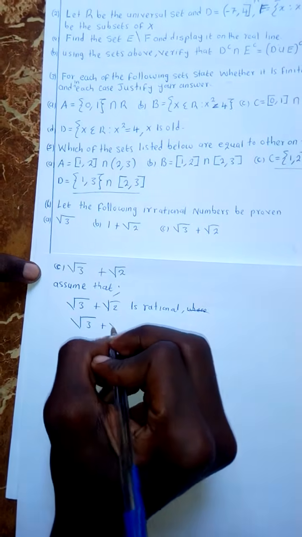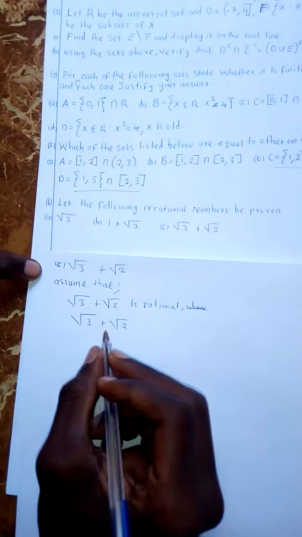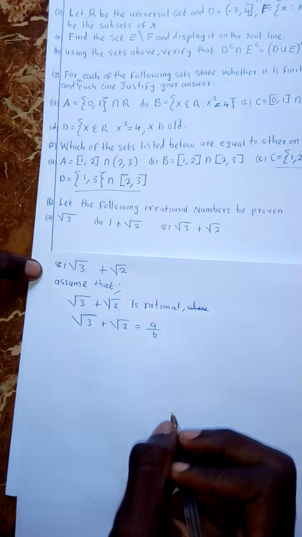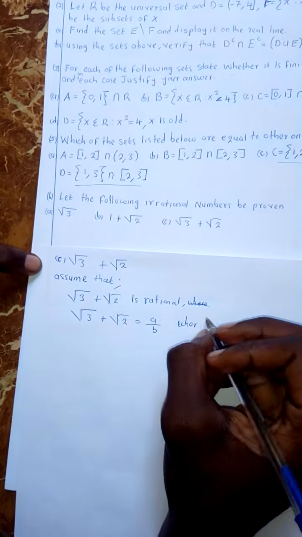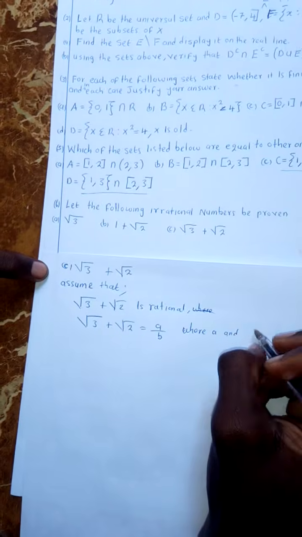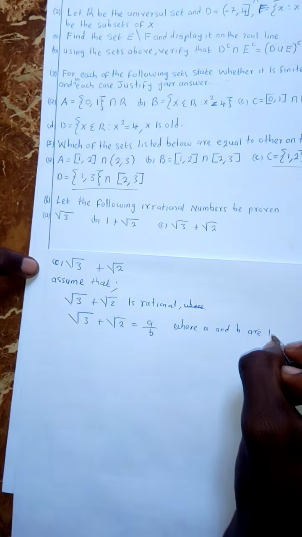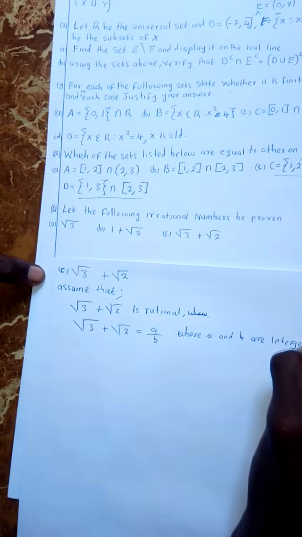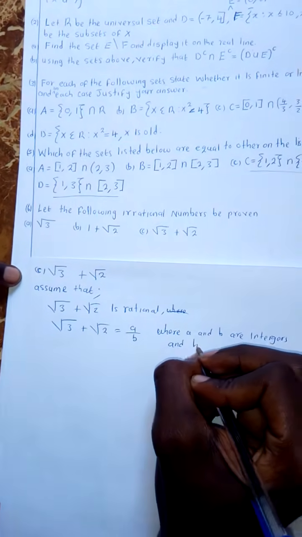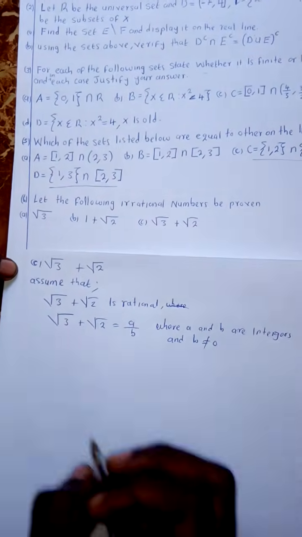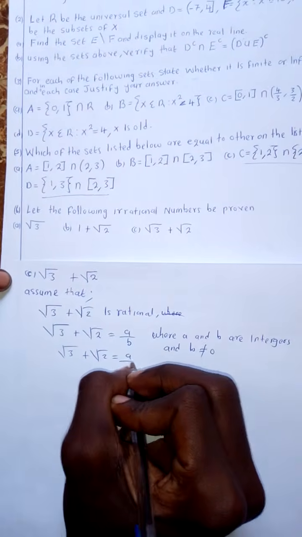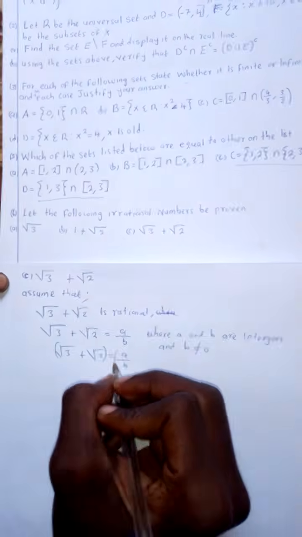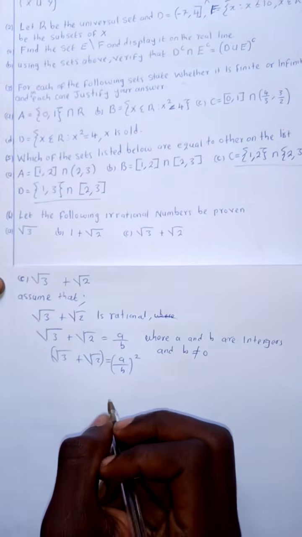If that statement is true, then what we are simply saying is that this is going to equal A over B, where A and B are integers, and B is not equal to 0. So now this is just the same as the root of 3 plus root of 2 equal to A over B. You can square this side and square this side, like this.